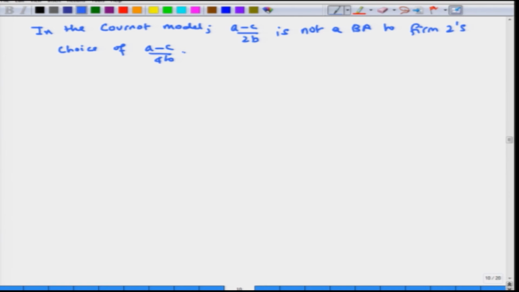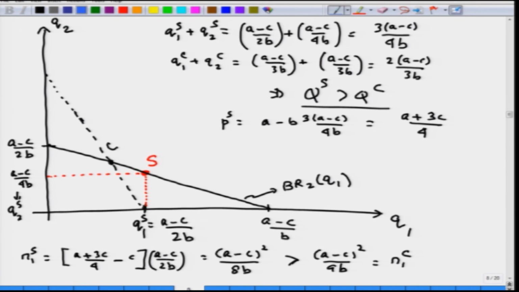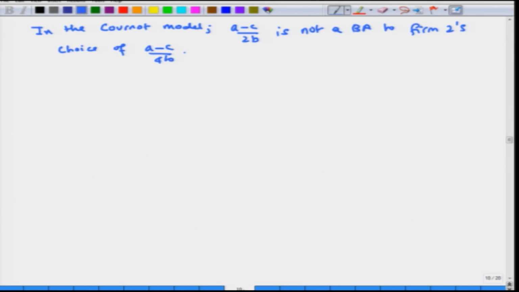So, if I look at the Cournot model, if firm 2 were to choose A minus C divided by 4B, firm 1's best response is not A minus C by 2B. In fact, it is some output which is given here, that would be firm 1's best response, right. So, in the Cournot model, A minus C by 2B is not a best response to firm 2's choice of A minus C upon 4B.